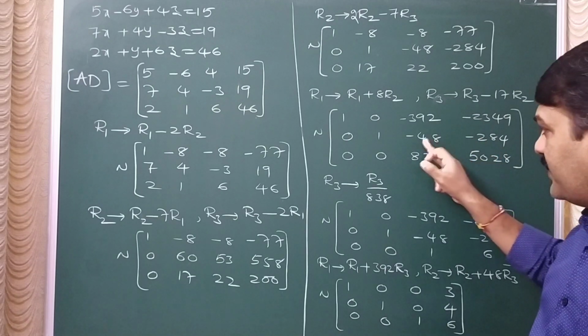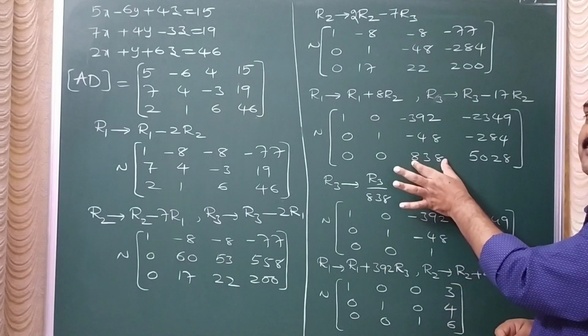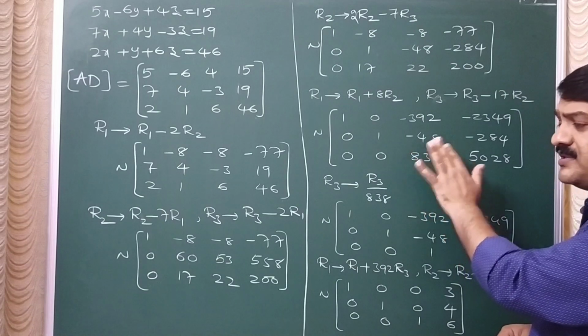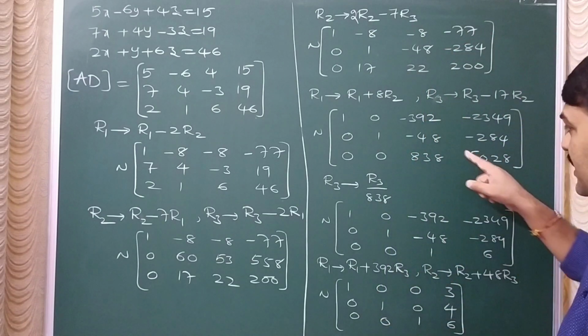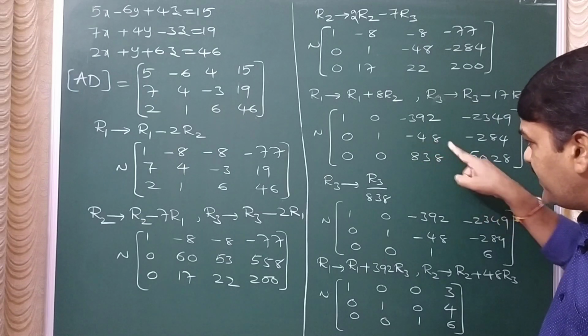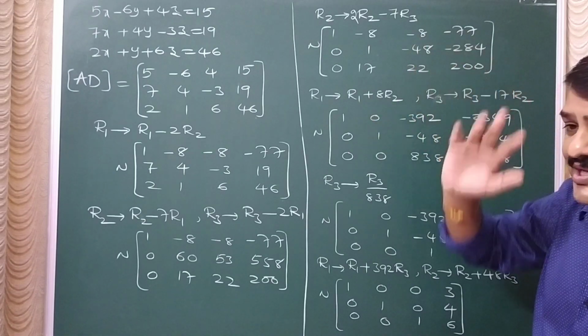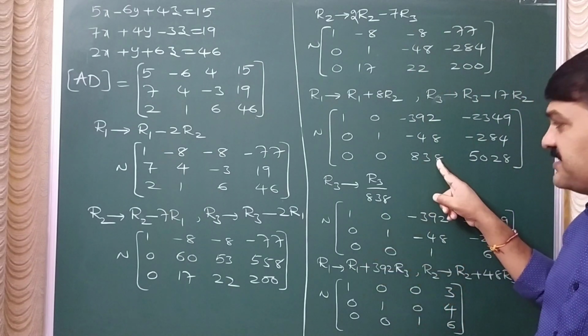First we try to get 1 in this place. How will we get 1 in this place? To get 1 here, no row transformation is allowed, only division. If you use row transformations to get 1 in this place, these 1s and 0s are going to change. So only division is allowed.